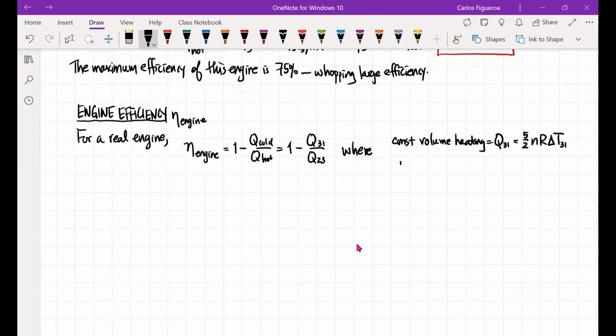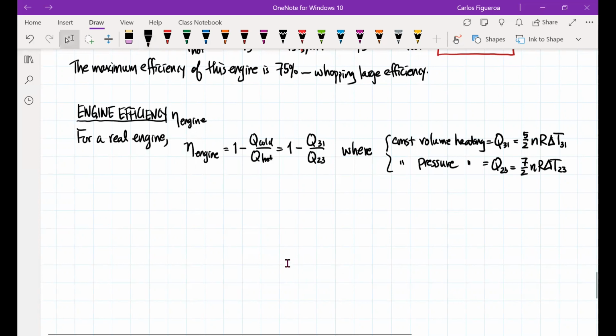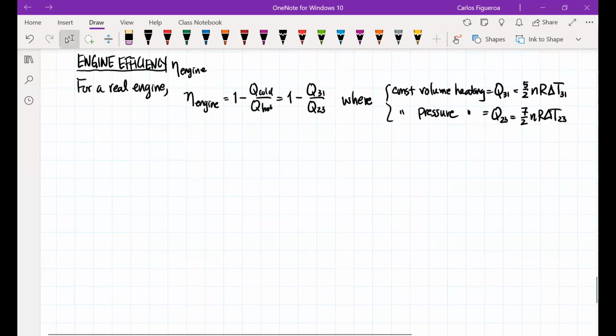And then I have constant pressure heating, and this guy's Q23, which should be 7/2 nR delta T between 2 and 3. So we have to compute that. So let's go look at that.